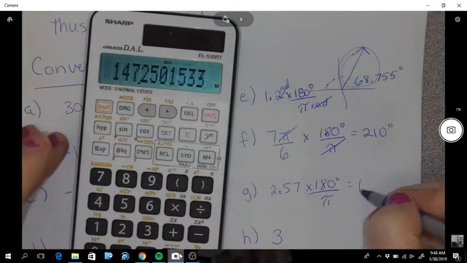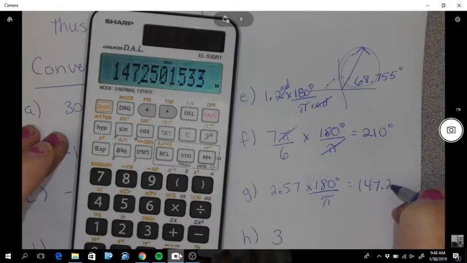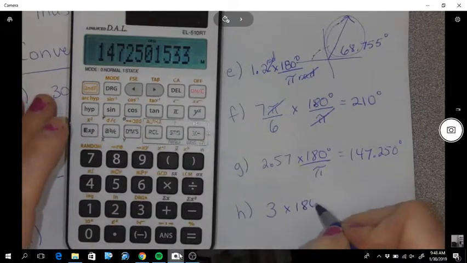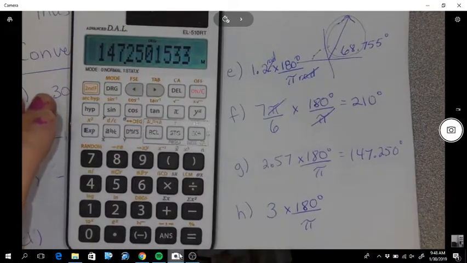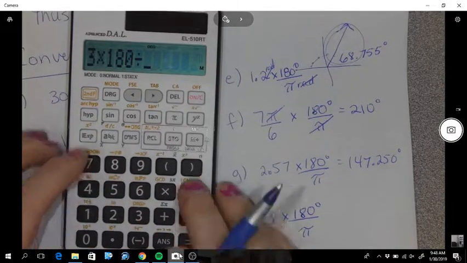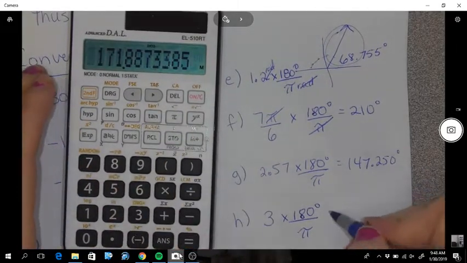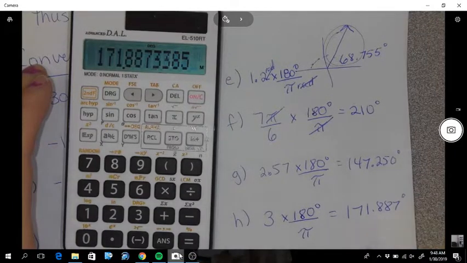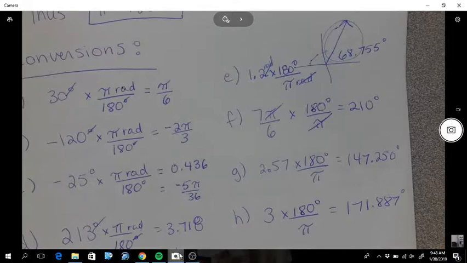So this is 147.250 degrees. And the last one, same thing, times by 180 divided by pi. And you get 171.887 degrees.